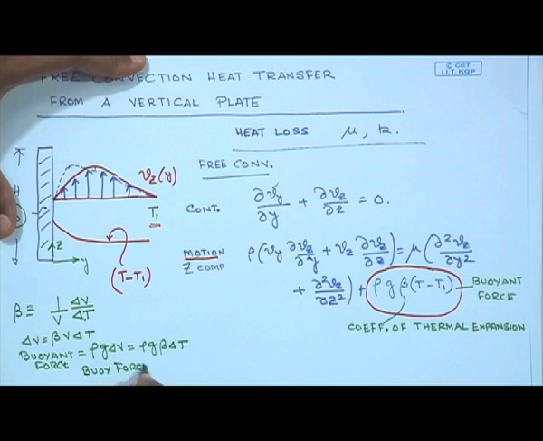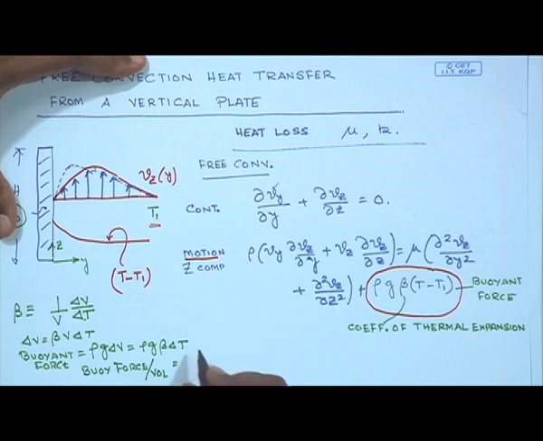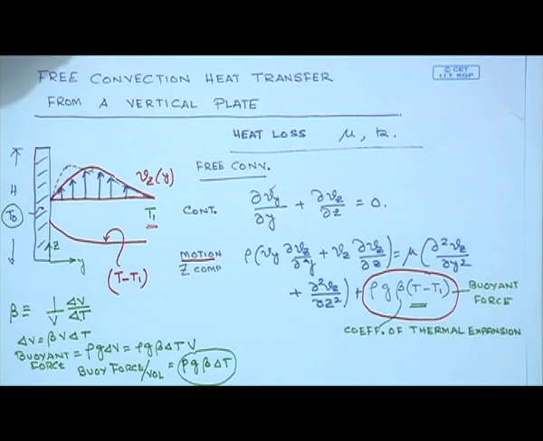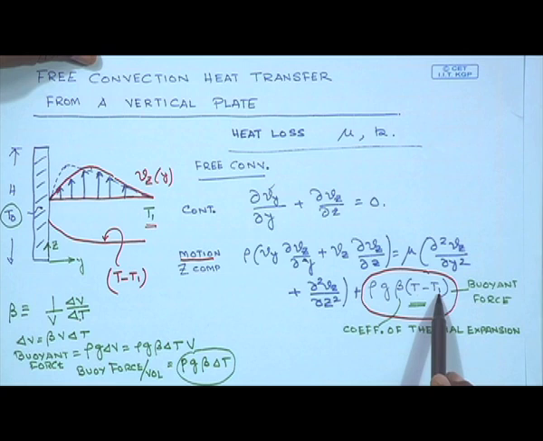per unit volume, which is how everything in the equation of motion is expressed, would simply be equal to rho g beta delta T. So, this is the form of the buoyant force per unit volume which is used in here, because unlike gravity, the motion here is sustained by a change in temperature.